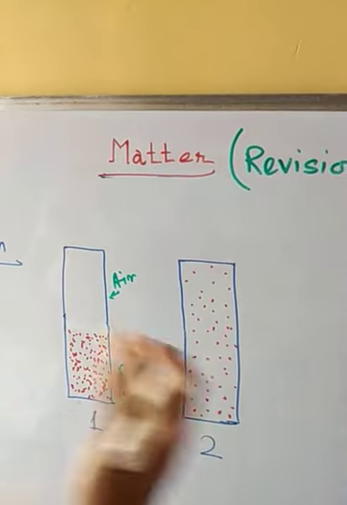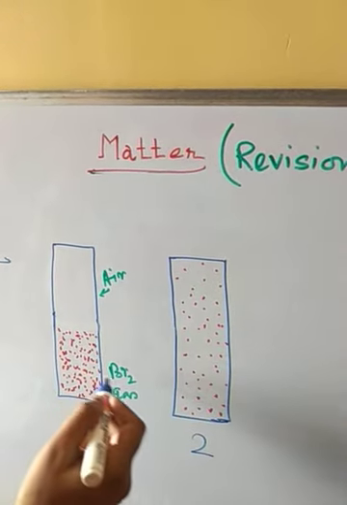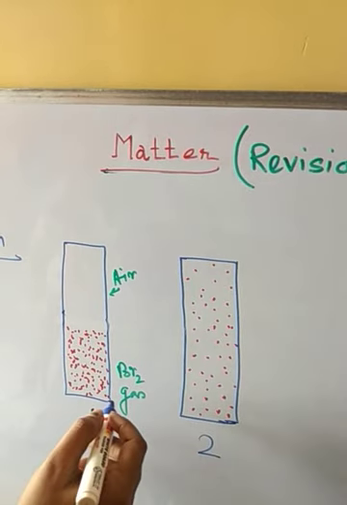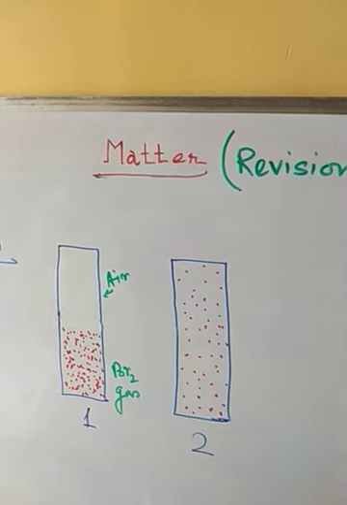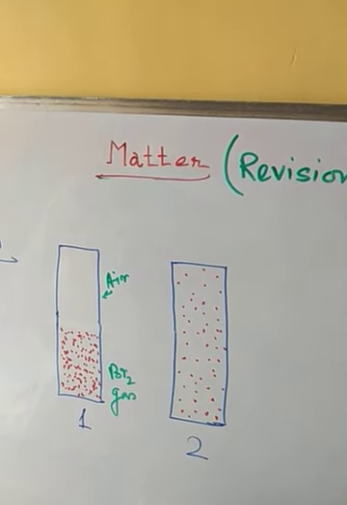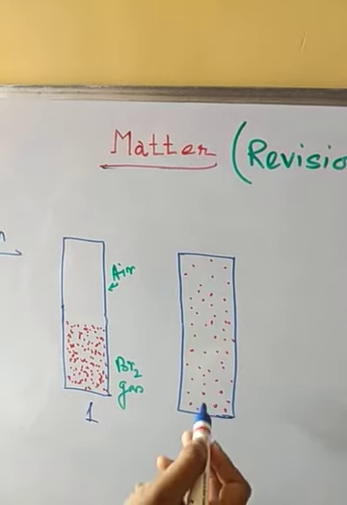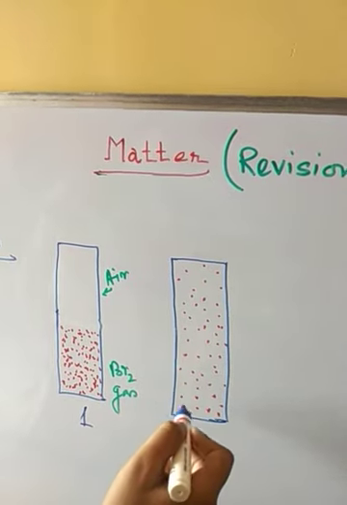But after intermixing, the bromine molecules have spread all over in the two gas jars. That's why its concentration is less, and the color of the bromine gas fades.